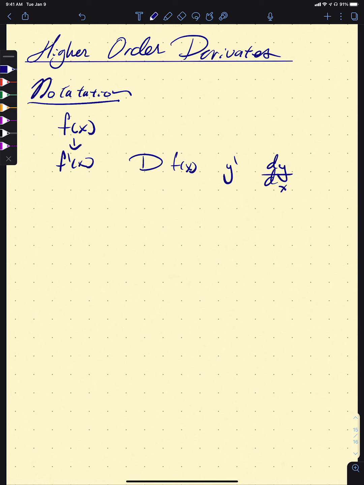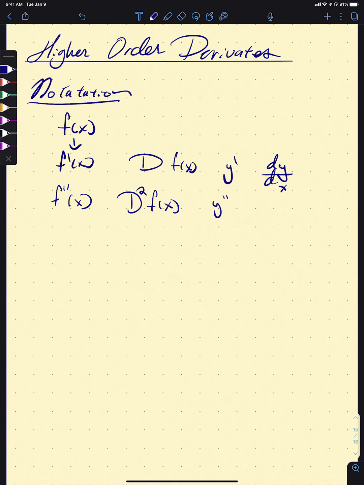If we want to take another derivative, right, the derivative of the derivative, it's often called the second derivative, right? Then that would make this the first derivative. And we can denote that f double prime of x, right? Or d squared of f.